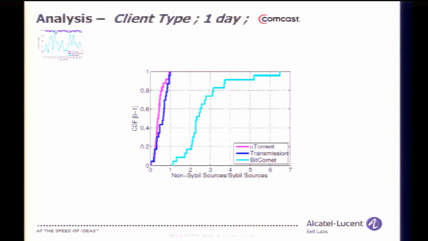If they can't talk to BitComet, they will talk to BitComet. And the announce messages are going to go first to the BitComet clients, independently of the hash space, then to us in some cases. So this is the reason why the localization is not working fine for BitComet clients, and it is also the reason why uTorrent and Transmission see some non-Sybil sources, because we cannot control the BitComet clients.